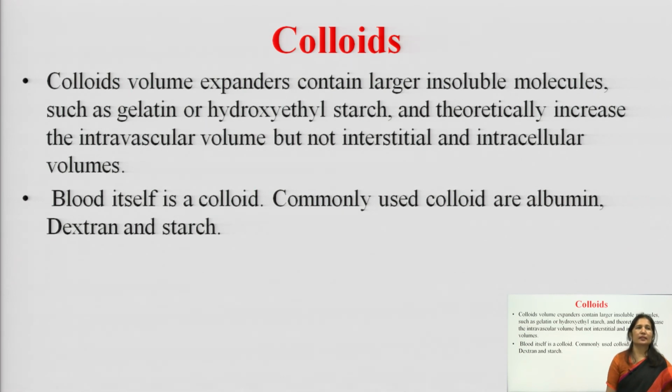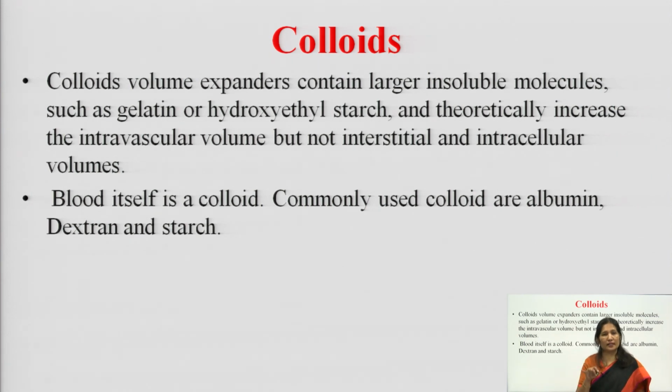Colloids, these volume expanders, contain large insoluble molecules such as gelatin or hydroxyethyl starch, and theoretically they increase the intravascular volume, but not interstitial and intracellular volume, because they cannot cross the capillary membrane.